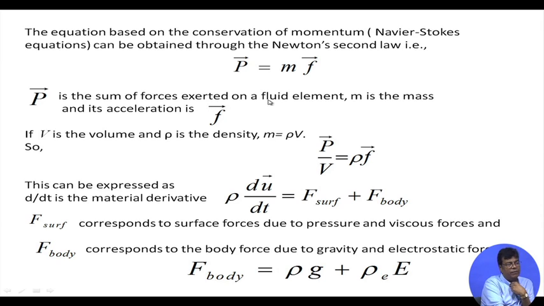P is the sum of forces exerted on a fluid element, m is the mass and its acceleration is governed by f. So, if V is the volume and rho is the density of the volume element we are considering, we can write this as P by V equal to rho f.